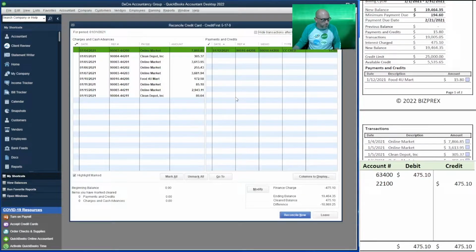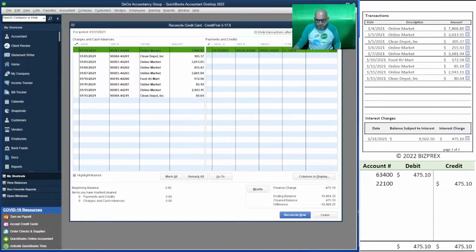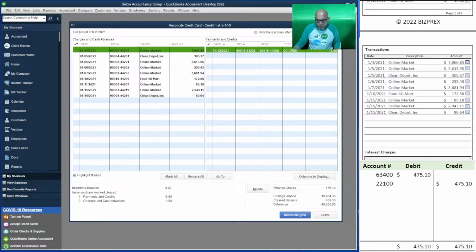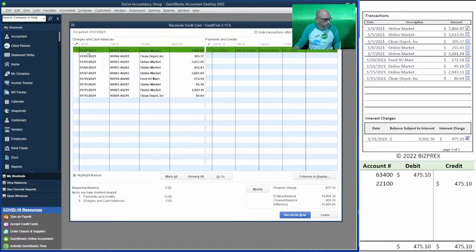Continue. So what do we have? Well, we have our charge that we just entered, so we can click that off. And then we have our payments and credits. We have that credit when we returned that food. Okay, so here that is. And then we have some charges. All right, so let's go ahead and get through those. 537.